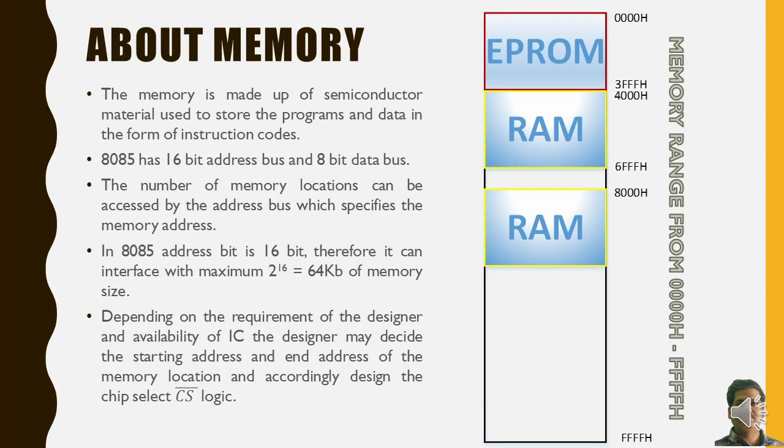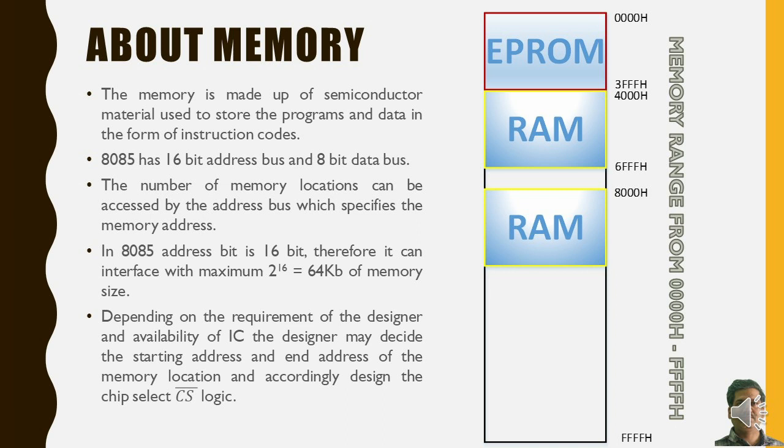In this way, if we go on increasing the number of address bits, we are going to address more and more memory locations. But in case of 8085, the address bus is of 16 bits, therefore it can interface a maximum of 2 to the power 16, that is nothing but 64 KB of memory size. We'll see further how this distribution we can access.